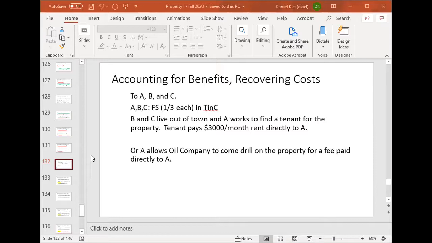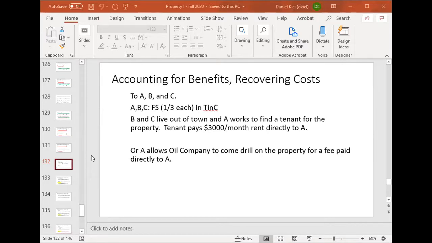So they're going to rent this property out, but A is doing all the work. And the tenant pays $3,000 a month rent. And they do this directly to A because A is the only person that the tenant has ever dealt with. A seems to be the owner of this property from the tenant's perspective.